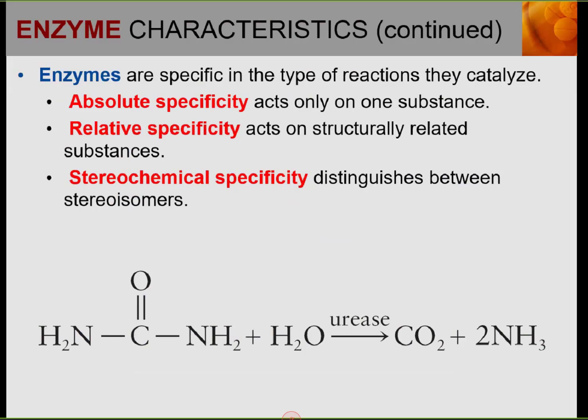And so that's an example of relative specificity, acting only on structurally related substances, in that case, fats and oils. But also, some enzymes react stereochemically. We talked about this before, that the human body can recognize one enantiomer, one chiral molecule versus another, the opposite, right? They're called enantiomers. So that's an example of stereochemical specificity.